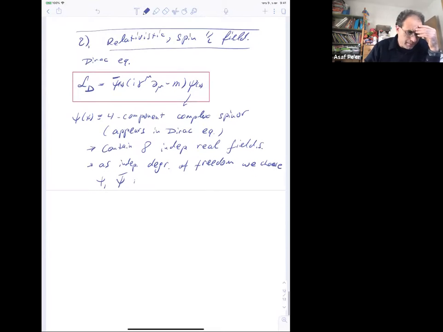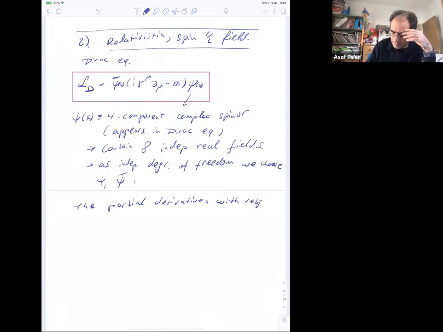So the partial derivatives with respect to each, it's important, each of the components of the adjoint spinor, psi bar, right?